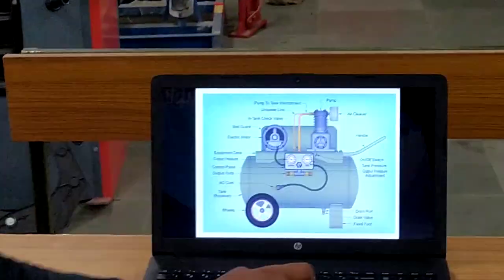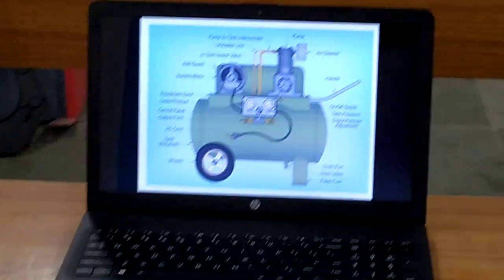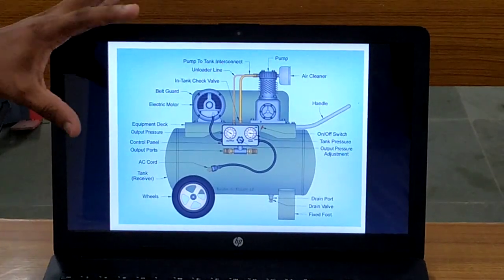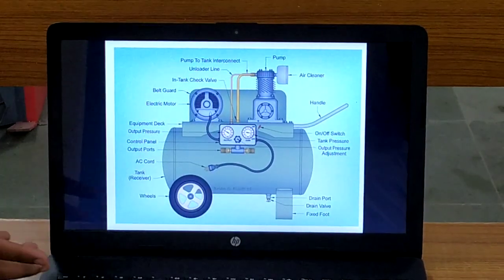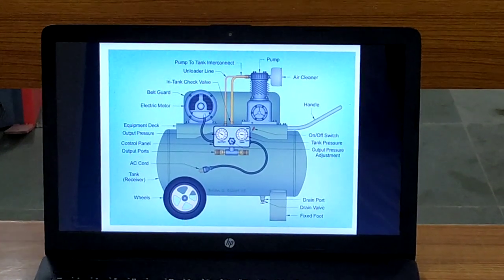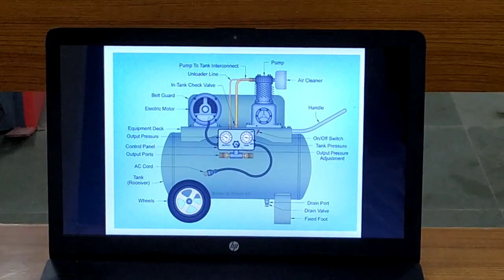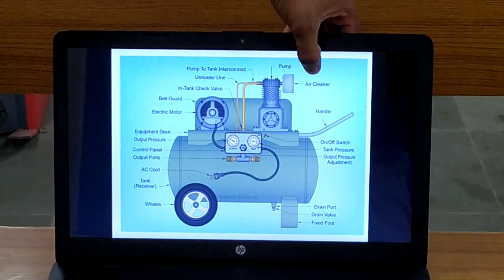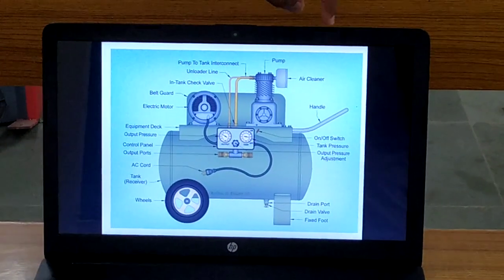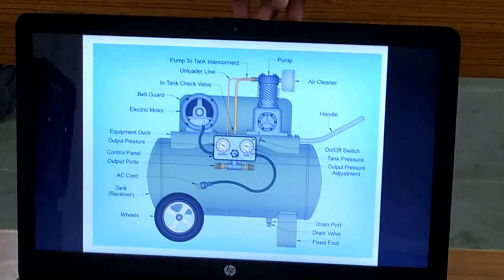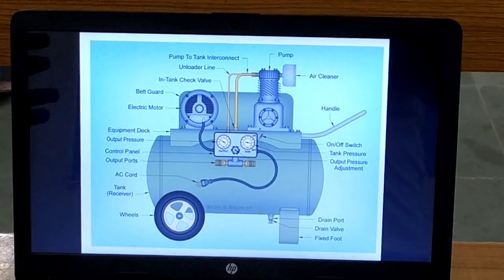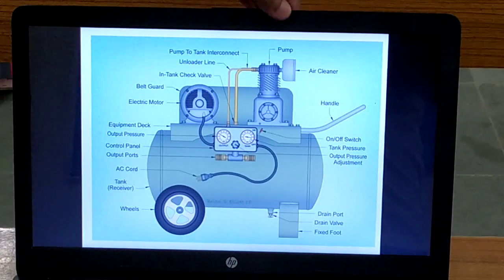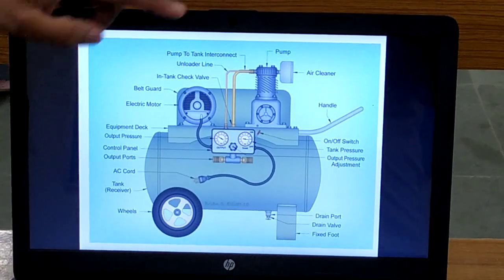Then you see the air compressor. Look at the picture and focus. Here are the different parts of the air compressor. This is the air cleaner. Let's zoom in. This is the air cleaner, and this is the pump. This is the reciprocating pump, and this is the pump to tank interconnect.